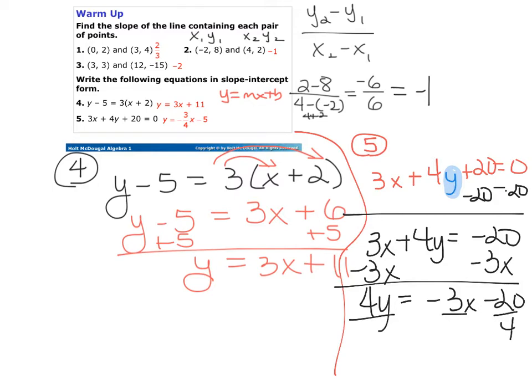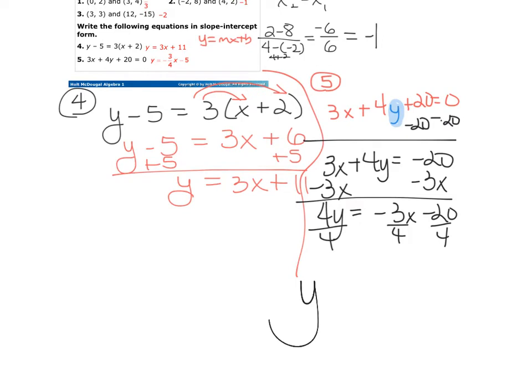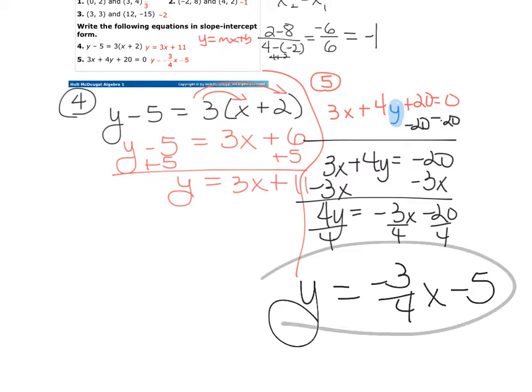Divide everything by 4, and my final answer is y equals negative 3 over 4x minus 5. And now it's in slope-intercept form. So we learned how to do this back in chapter 1.